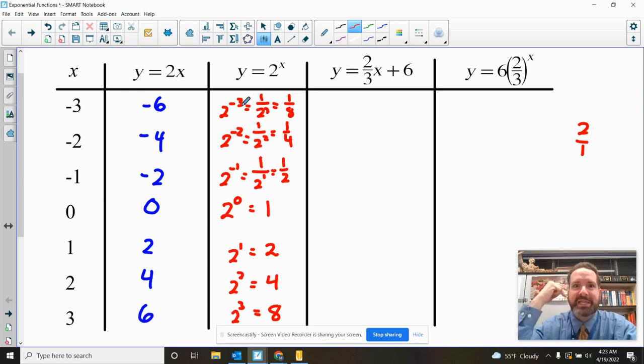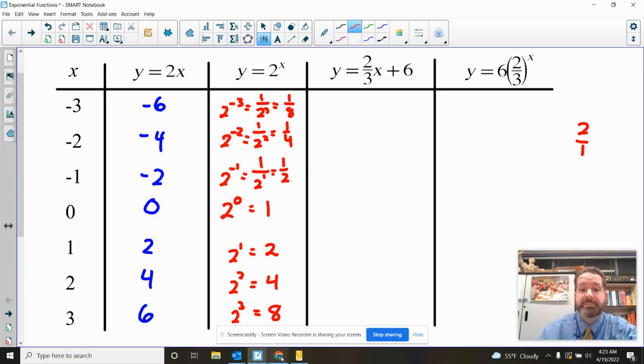Now I want you to continue this pattern in your mind. If we keep dividing by 2 each time you go down, as your exponents become more and more negative, your fractions are going to become very, very tiny. But it's important you know they're always going to be positive numbers. It's going to be 1 divided by some positive number all the time.